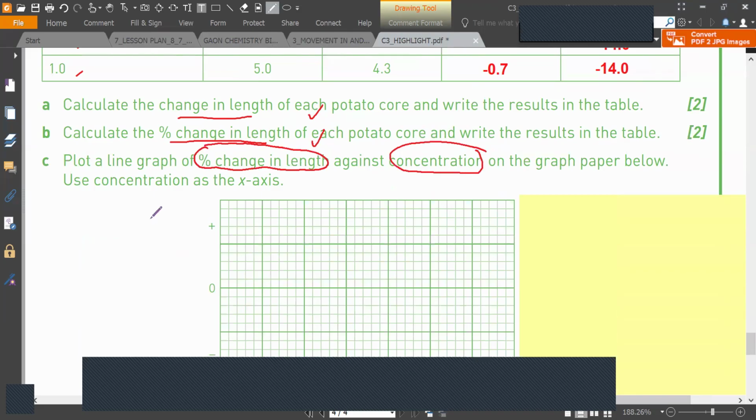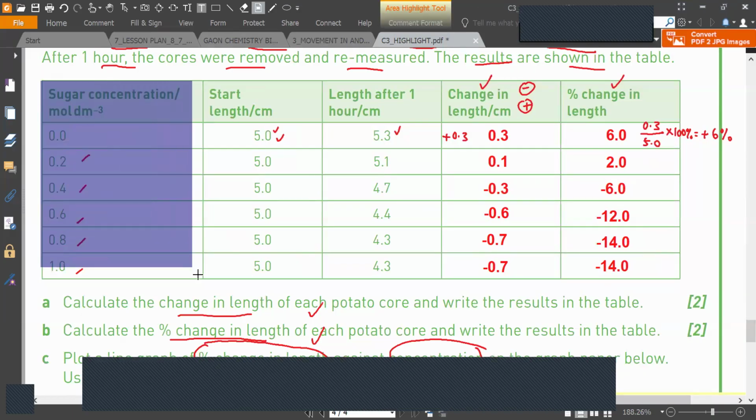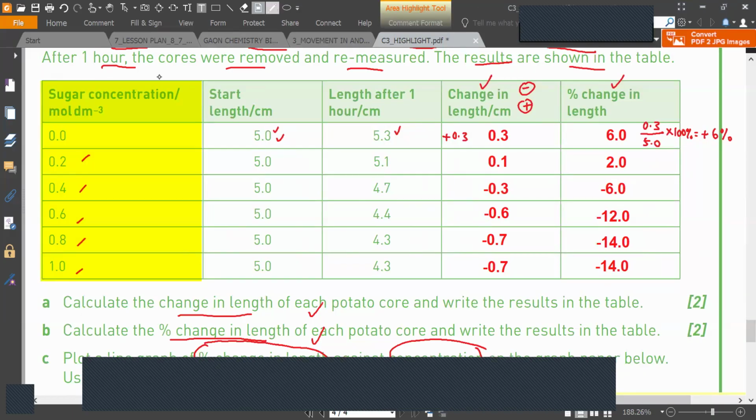So concentration is on the x-axis, which means we will plot the percentage change in length on the y-axis. So step one, we just need to make sure we are plotting at the correct axis.